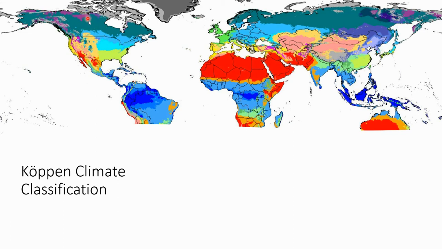In the higher latitudinal region, you'll get to see different types of biome settings. And even if you look at the polar region here, you can see the color is different.